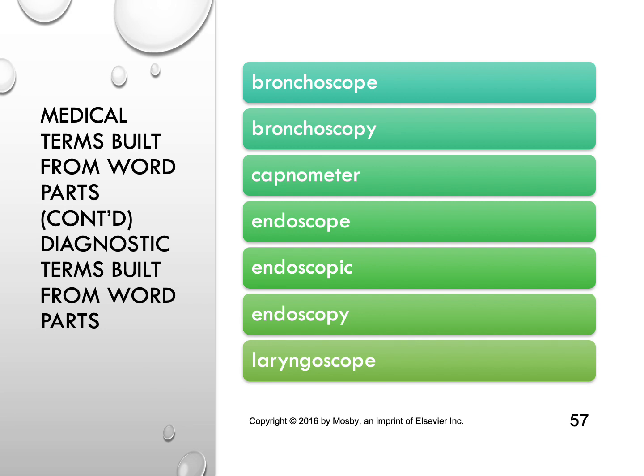This is the device that's used to measure the output of carbon dioxide. What about this very last one down here, laryngoscope? This is a device that is used to view what? If you said larynx, you would be absolutely correct.